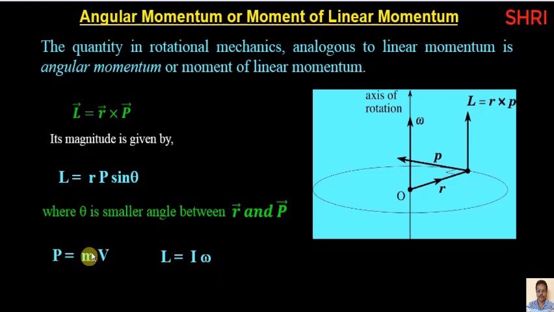The analogous quantity in rotational motion is moment of inertia, and v is linear velocity in translational motion, and the analogous quantity in rotational motion is omega. Therefore, when we replace this m by I, moment of inertia, and this linear velocity v by angular velocity omega, then we get this angular momentum, which is analogous to this linear momentum.